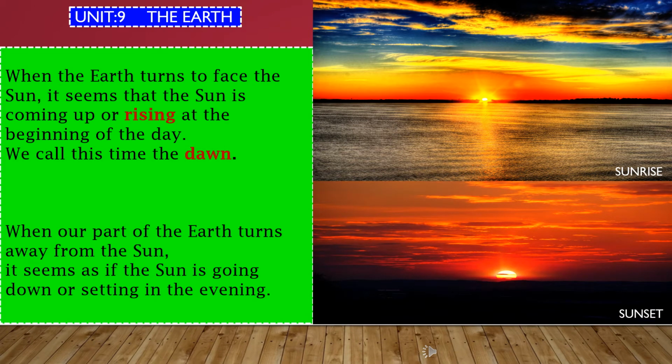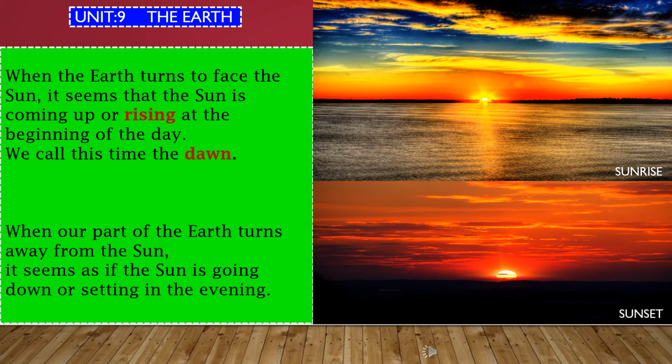Okay dear students, the next sentence is: when the earth turns to face the sun, it seems that the sun is coming up or rising at the beginning of the day, and this time we call the dawn, early morning. The earth is rotating and revolving also, so it takes 24 hours, or a whole day, to complete one rotation.